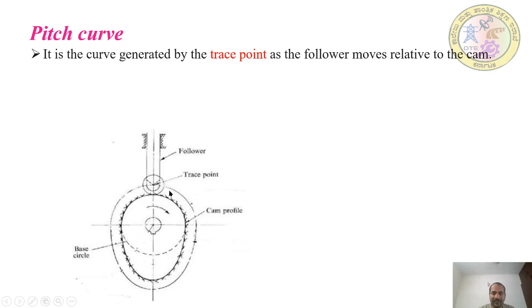As we have discussed in the previous slide, the center of the roller represents the trace point. Imagine the cam is stationary and the follower moving around the cam profile. Then the curve generated by the trace point as the follower moves relative to the cam is called pitch curve.